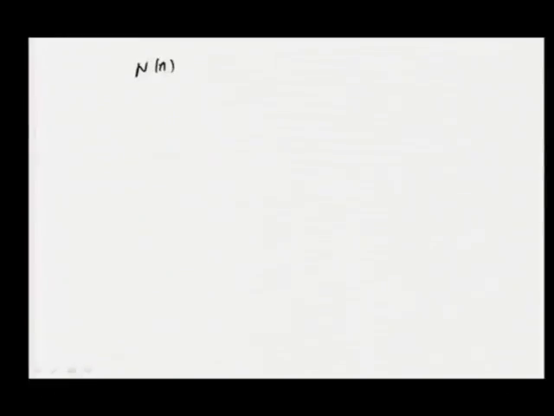All right, some consequences of this. So, we have N at time t equal to N_0 exponential minus lambda t.